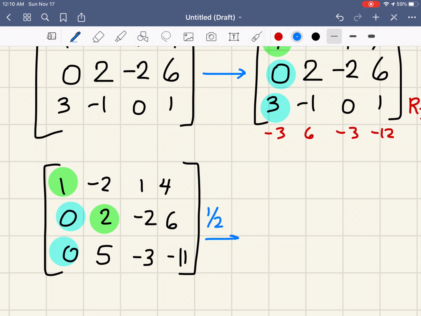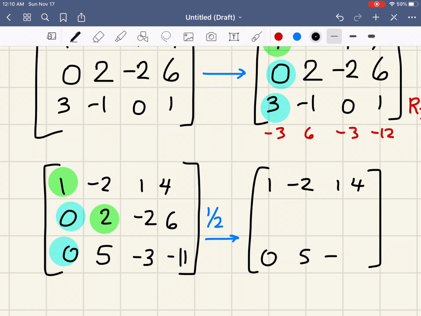And we end up getting 1, -2, 1, 4. Nothing changed in the third row: 0, 5, -3, -11. And now we get 0, 1, -1, and then 3.